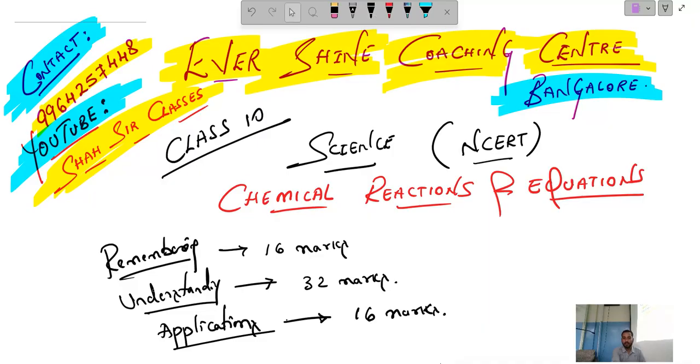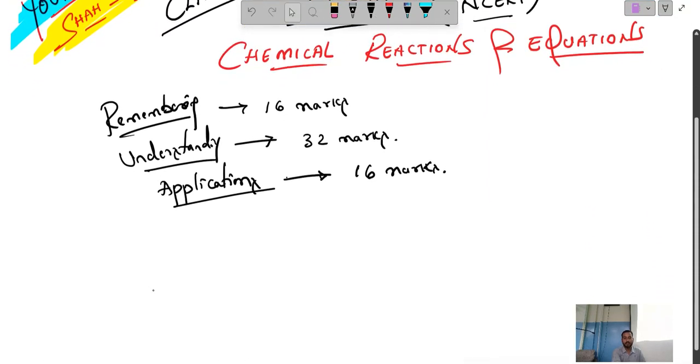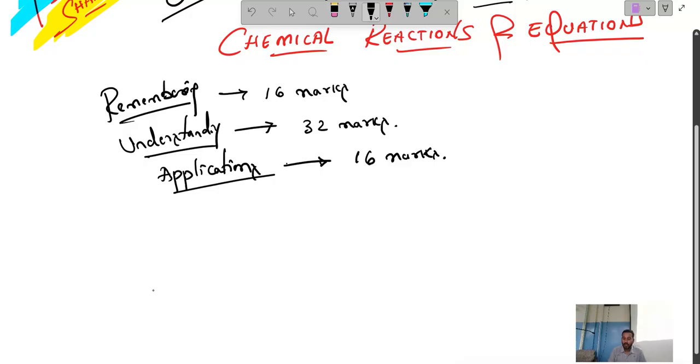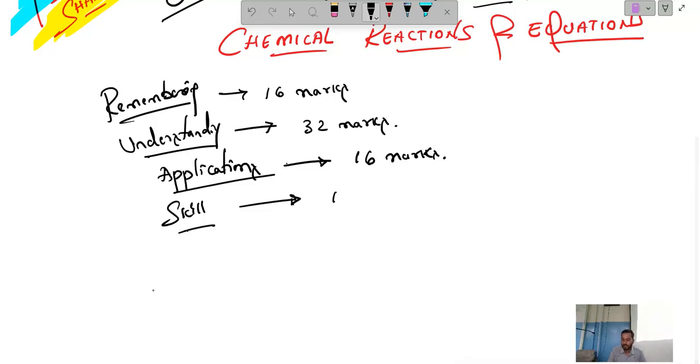And then skill based, skill means drawing. Skill based, you can expect questions around 12 marks. And next, HOTS questions, that is higher order thinking questions. For example, they will give you a diagram, and from the diagram they will ask you questions. That carries around 4 marks.